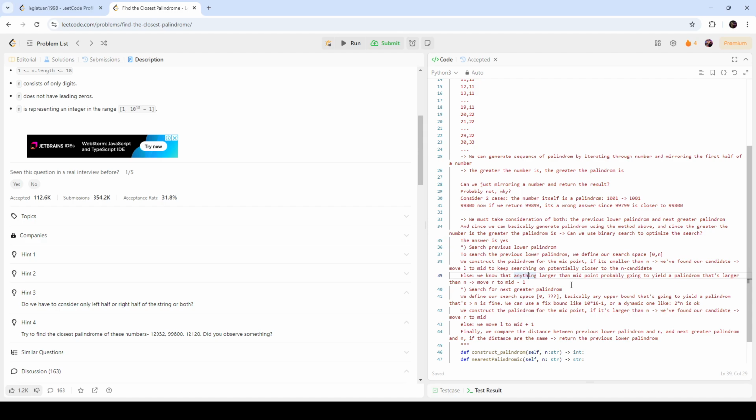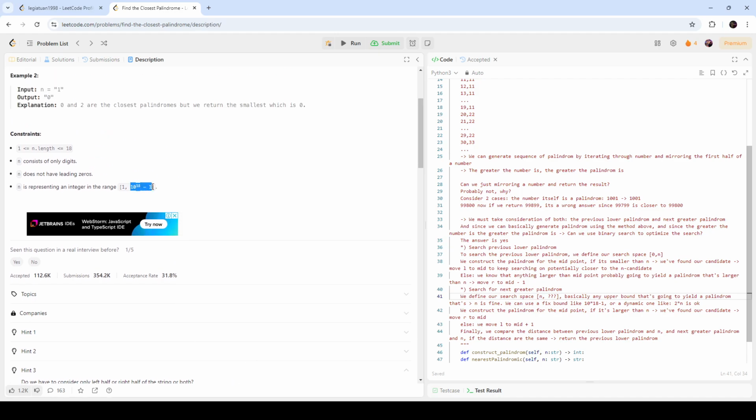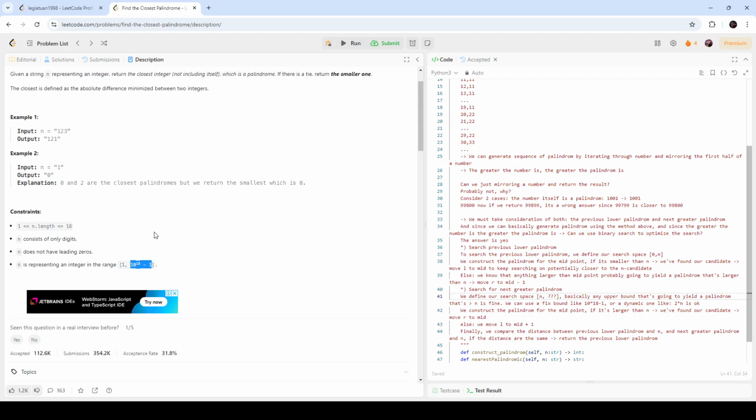But here's what's tricky about this question: how can we define our search space? Basically our lower bound is n. We search from n to what? Basically any upper bound that's going to yield a palindrome that's larger than n is fine. We can use a fixed bound like these things, because the constraint told us that n is from 1 to these guys.